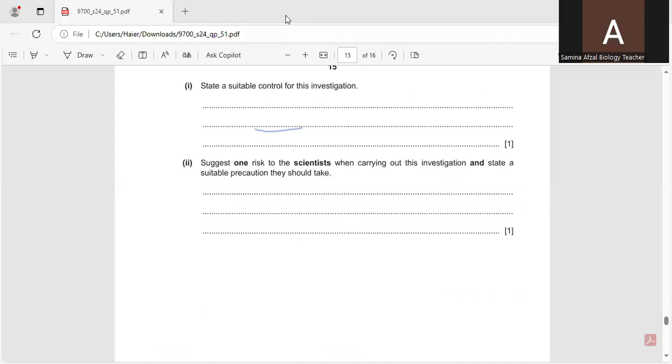Now, state a suitable control for this investigation. So a control can be a human volunteer without repellent.